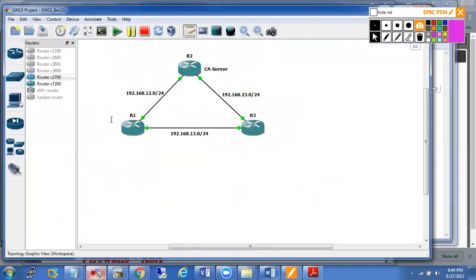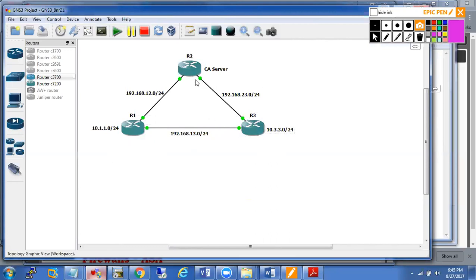My objective is to set up an IPsec tunnel from 10.1.1.0 to 10.3.3.0. So my tunnel should be from 10.1 to 10.3. But I want to do it not based on PSK. I want to do it based on certificate.